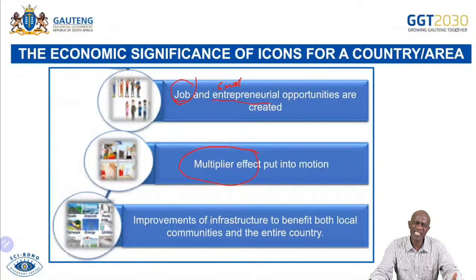So every other development program will be set in motion because of the availability of an icon in that specific area. So it helps to improve infrastructure, or it leads to the development of infrastructure for local communities and the entire country.